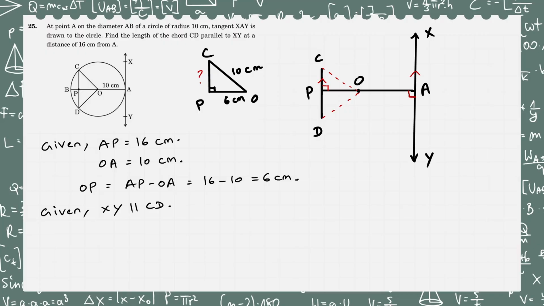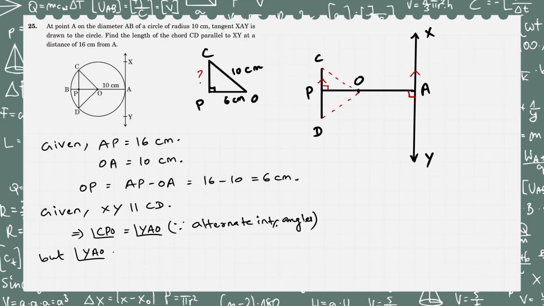Okay, so XY parallel to CD, that implies angle CPO is equal to angle YAO, since alternate interior angles, but angle YAO equal to 90 degree, since angle between radius and tangent at point of contact is 90 degree.